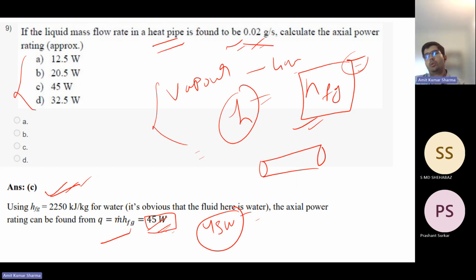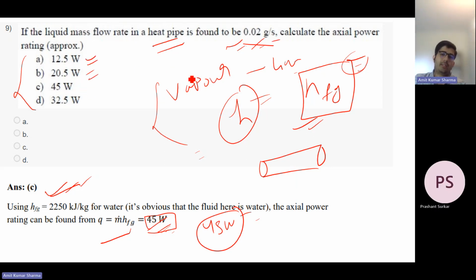Also, another hint you can see is the answer in watts. You have been given gram per second, and I have given you a hint like enthalpy. So enthalpy is in kilojoule per kg, and you have the other unit in gram per second. From units also you can find out that you just have to multiply.